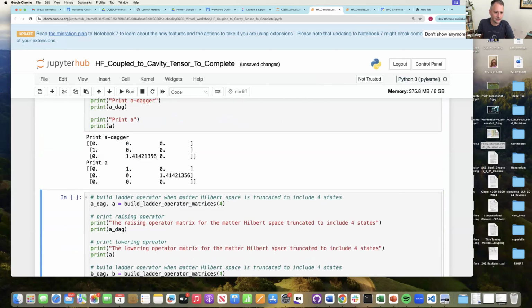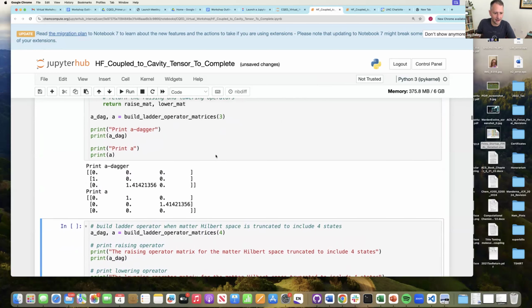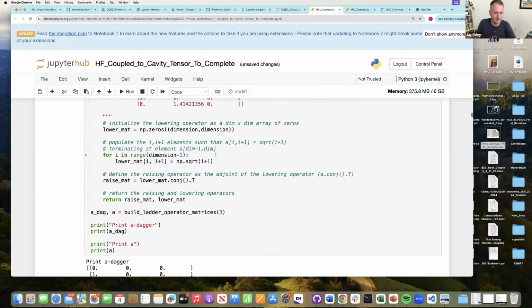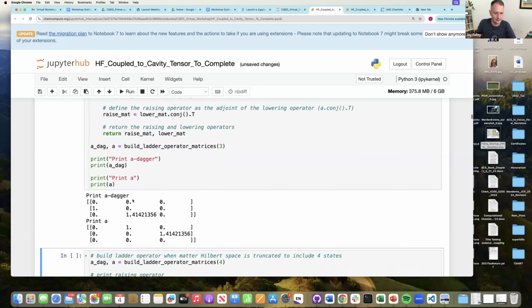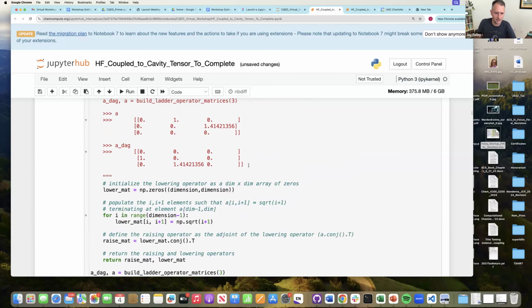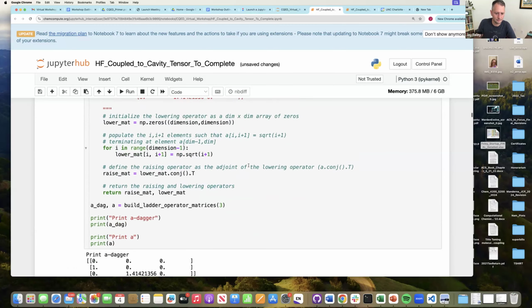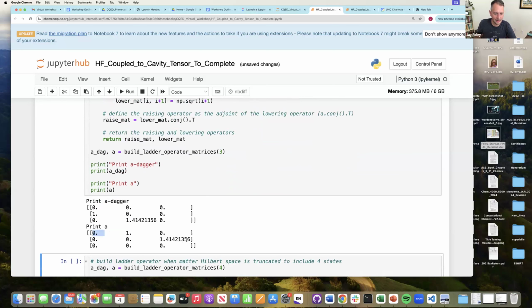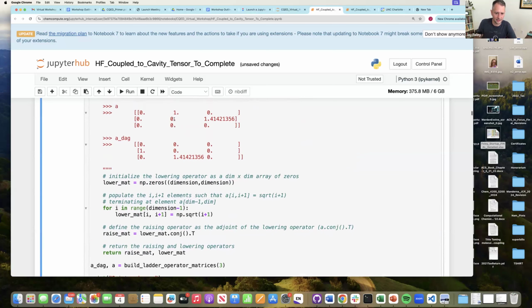I'm going to run this, and I see that in fact a dagger looks exactly like this matrix, and a looks exactly like this matrix. Okay.